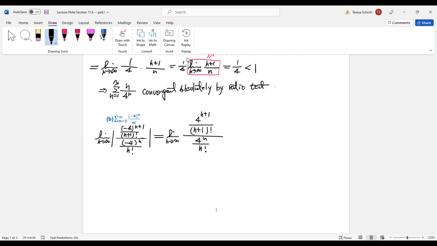Because you have an absolute value, the negative in front doesn't matter anymore.